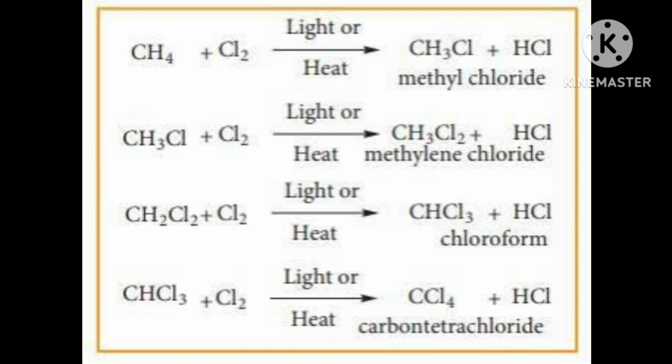The chlorine and methyl free radicals generated repeat steps first and second. Two steps I told you: CH4 plus Cl radical is the first step, forming methyl free radical plus HCl. In the second step, this methyl radical reacts with fresh Cl2 and forms CH3Cl and one chlorine free radical. Then these two steps will repeat.